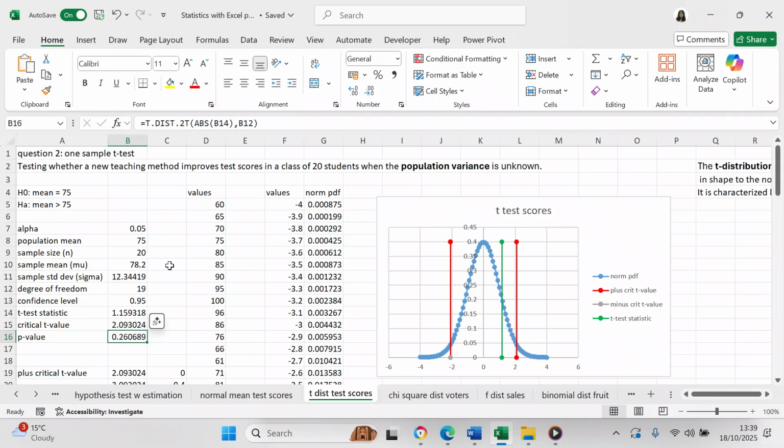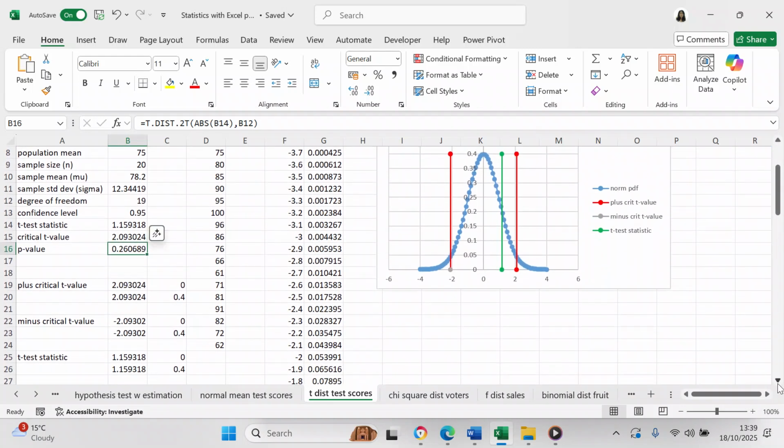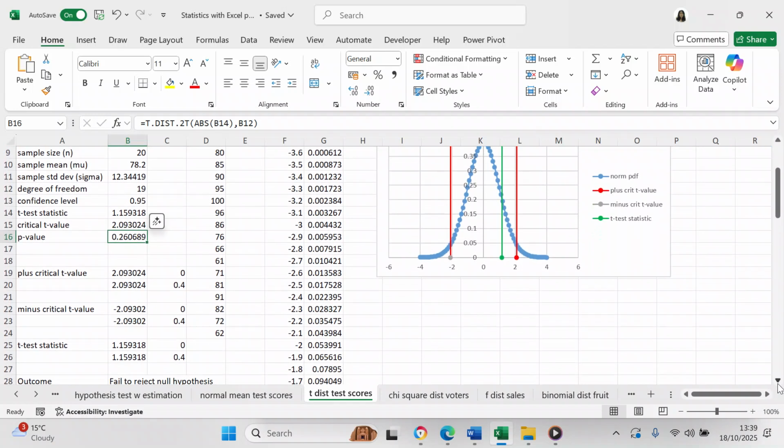So right there we can tell, because the p-value is greater than 0.05, you know right away that the null hypothesis is going to be accepted, or rather, you fail to reject the null hypothesis. So then we check our critical t-value 2.09 and critical t-value negative 2.09.